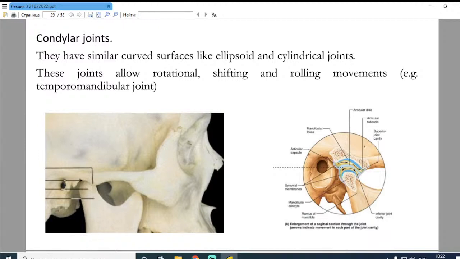Example, temporomandibular joint. This is temporal bone. This is, you see, mandible.